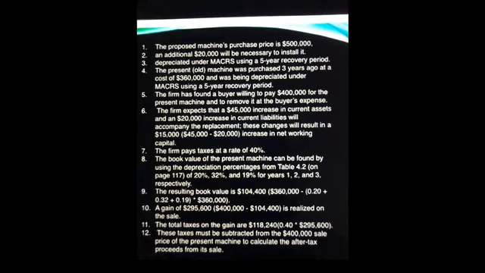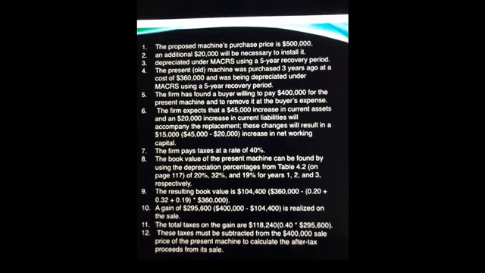The present machine was purchased 3 years ago at a cost of 360,000 and was being depreciated under MACRS using a 5-year recovery period. The firm has found a buyer willing to pay 400,000 for the present machine and to remove it, at the buyer's expense.